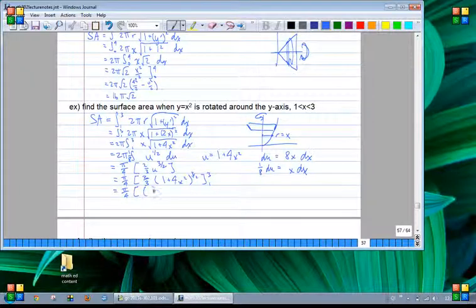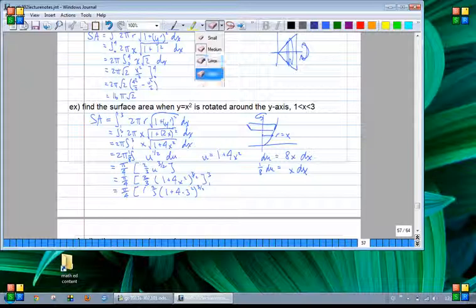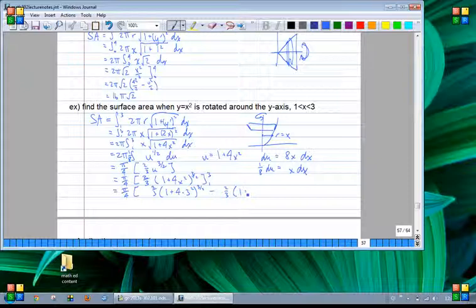So you get 2/3, 1 plus 4 times 3 squared to the 3/2, minus 2/3, 1 plus 4 times 1 squared to the 3/2.